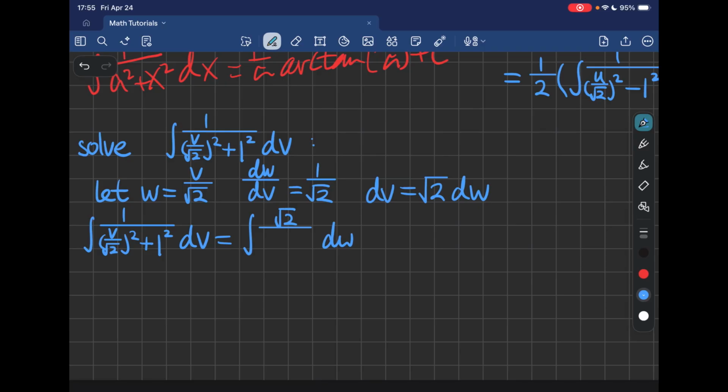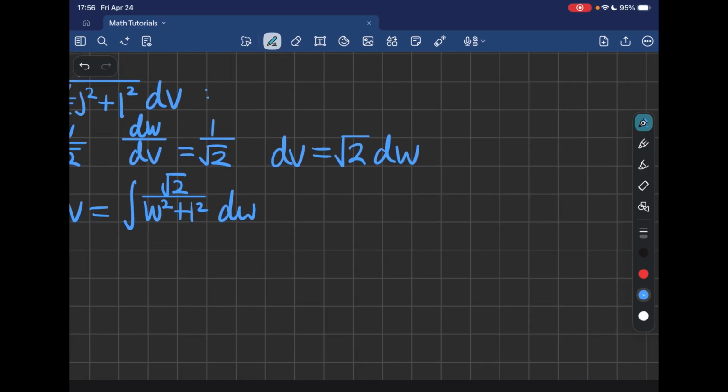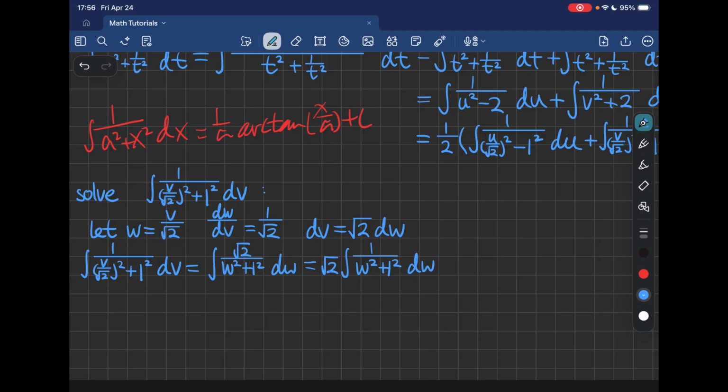So that's just w squared plus 1 squared, if you want to be clear about it. You can pull out square root of 2 if you want to look neater in the integral. So you have w squared plus 1 squared dw, and this part is really straightforward if you want to apply this, right?